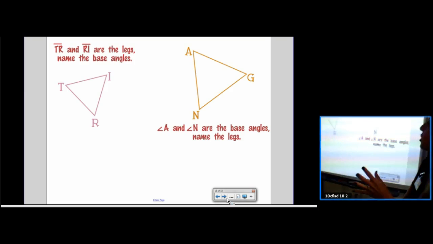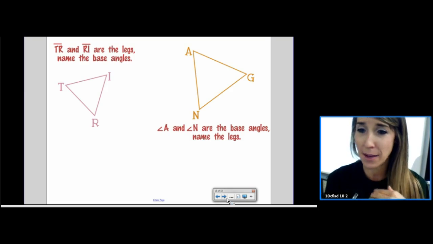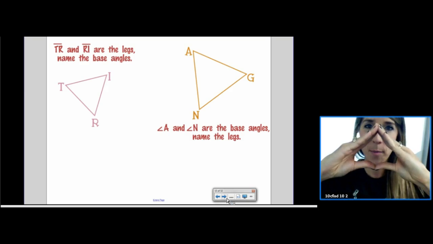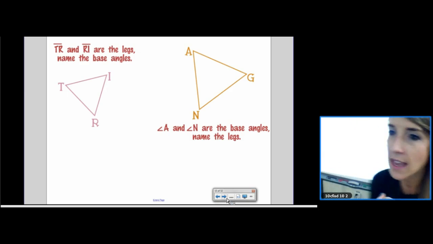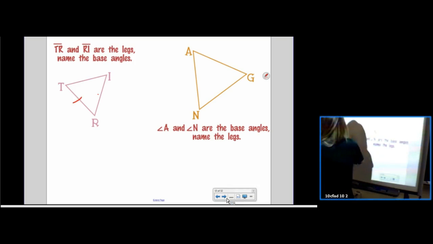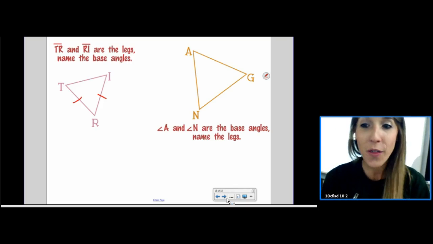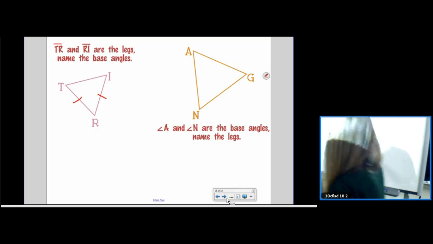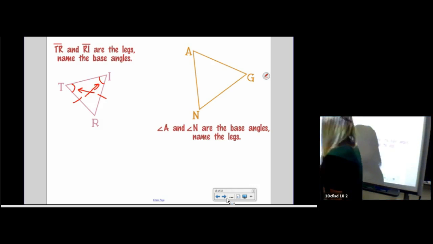So what students struggle with a lot is that they have trouble identifying the legs and the base angles when the triangle isn't perfectly upright, like this is the vertex and these are the bases. So if you were given the information that TR and RI were the legs, if those were the congruent sides, the Isosceles Triangle theorem says that the angles opposite are the base angles.